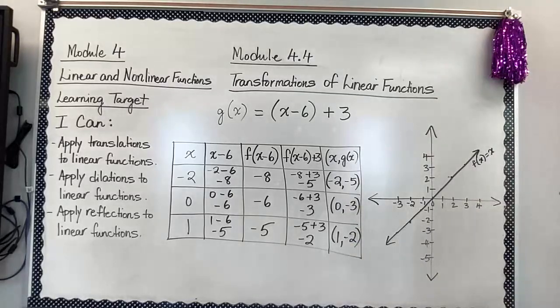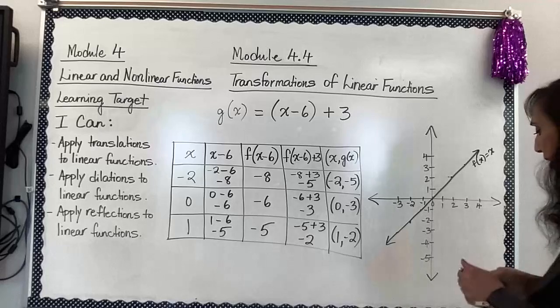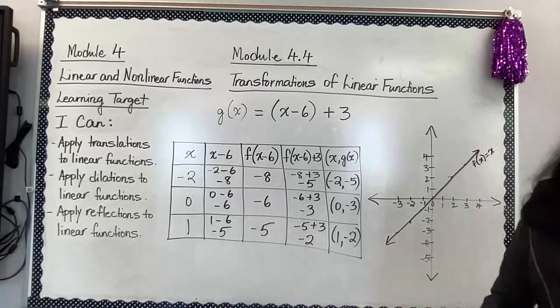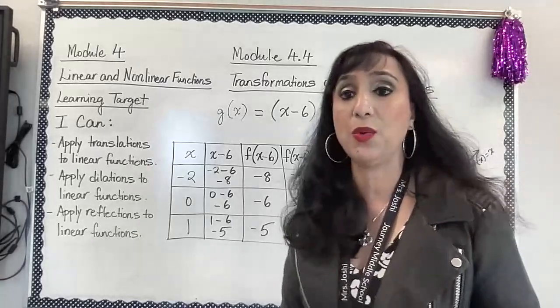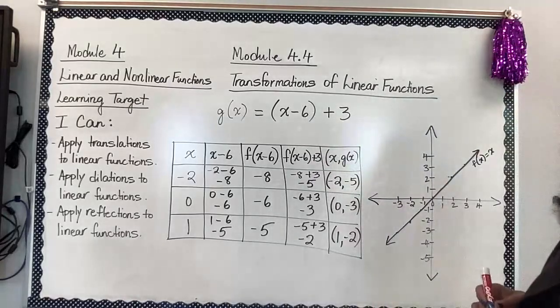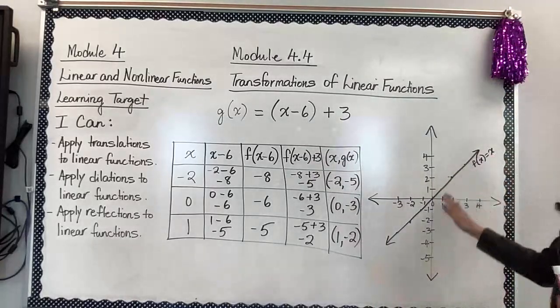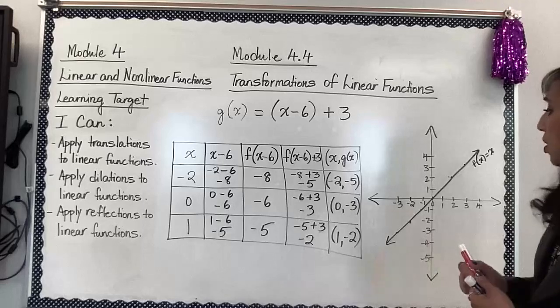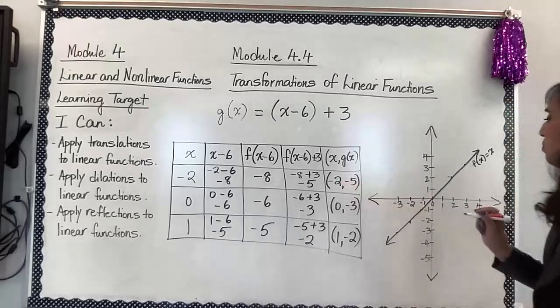So looking at this, I am going to plot this now, and I'm going to use a different color. I've already plotted f of x is equal to x, which is the parent linear function, here. Okay, and so let's see this. We have negative 2, negative 5.